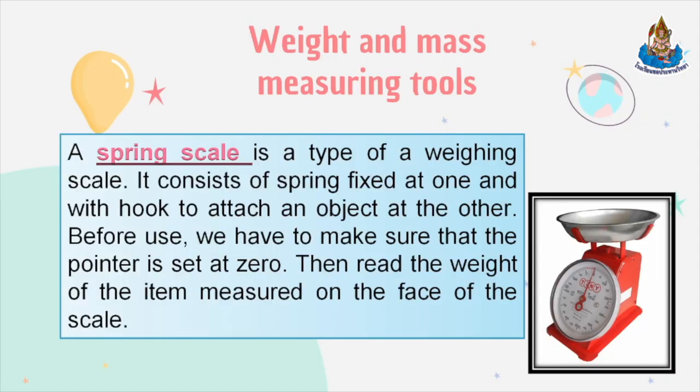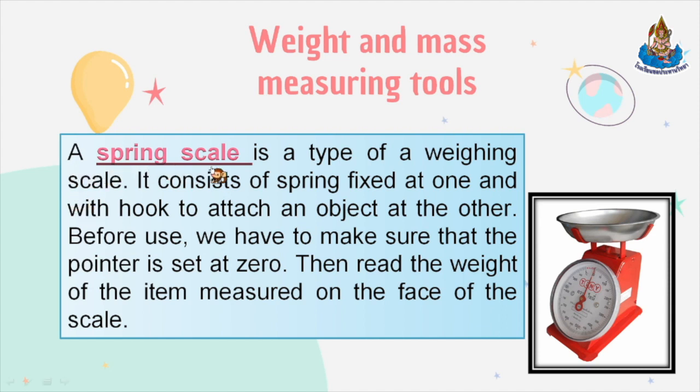This time we're going to learn about weight and mass measuring tools. Last time we've learned about the length measuring tools. But now we're going to learn about weight and mass measuring tools. Let's all read.